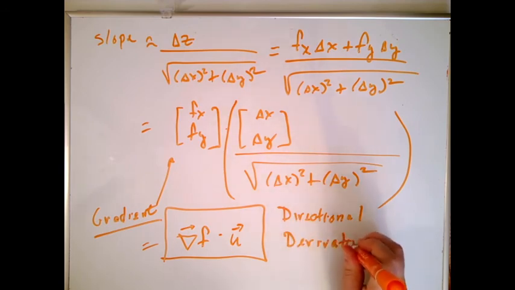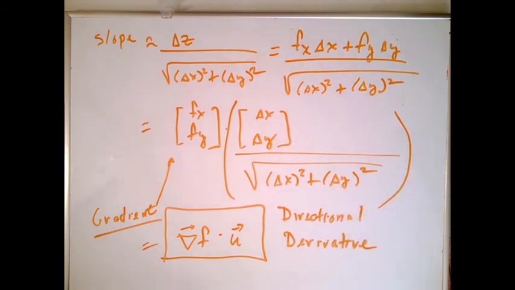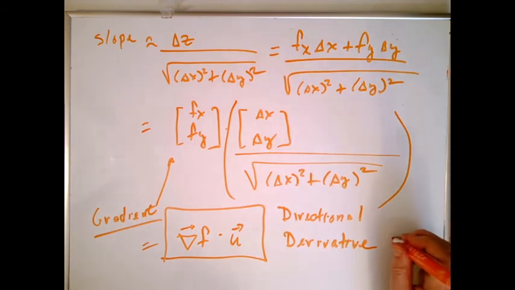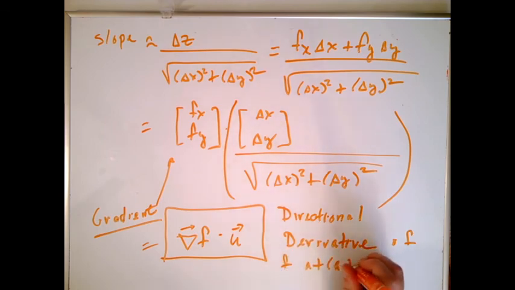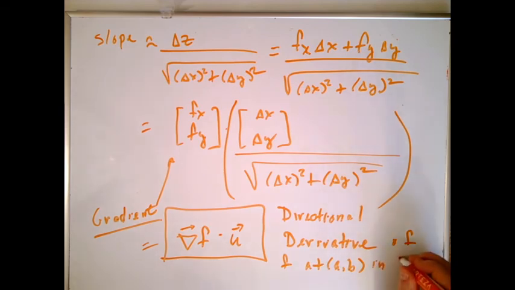So it's not a partial derivative, it's a directional derivative of the function at the point in the direction of u. And remember, u has to be a unit vector.